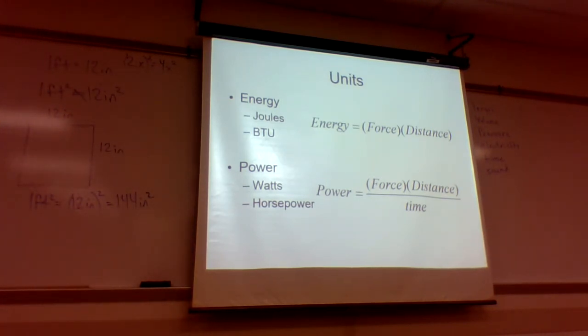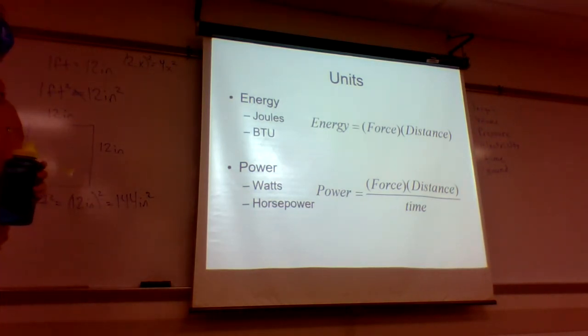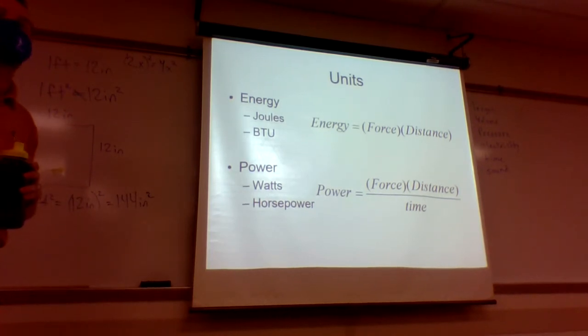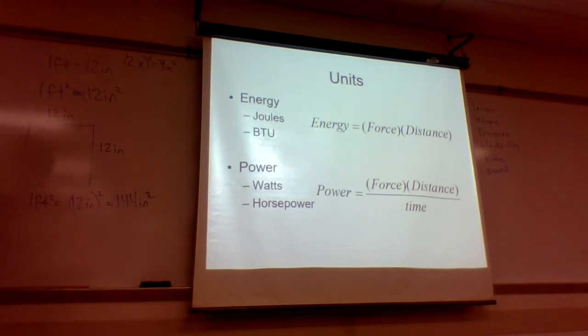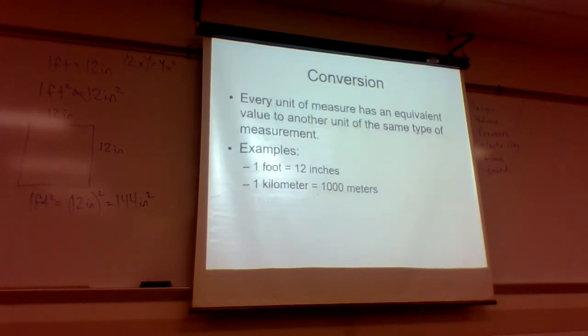And the legend goes that James Watt figured out, when he was feeding his steam engine coal, that the average horse could lift about 550 pounds of coal at a rate of 1 foot per second. So a horsepower is 550 foot-pounds per second. There are few conversion factors that I actually memorize, unless they've got a neat little story that goes along with them. So for some reason that one sticks out to me.